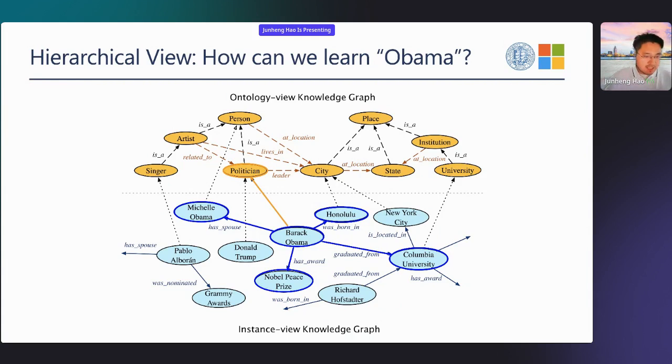It's just a reformulation of what a knowledge graph could look like, based on the two-view formulation by splitting the ontology or classes and the instances. So in this case, when the knowledge graph embedding method wants to learn the embedding for Barack Obama, it will gather the interactions with the entities that it connects to, but also be regulated by the politician or person concept in the ontology's upper side.